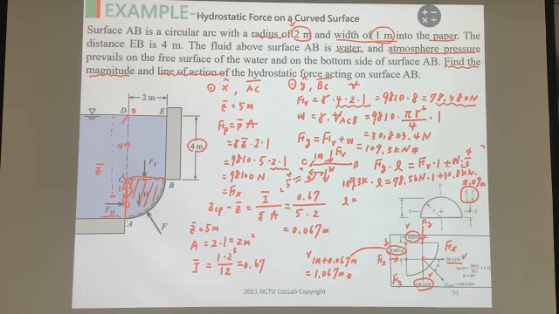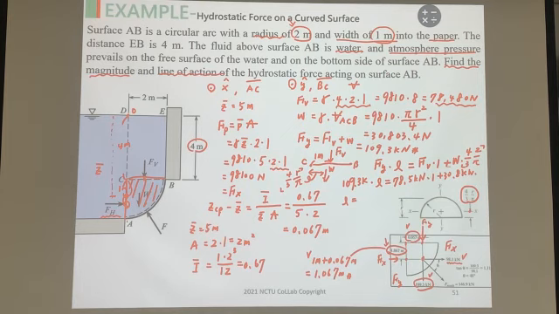So we change here to pi over r, and I can just use 2 pi over 2. So the number will be changed.